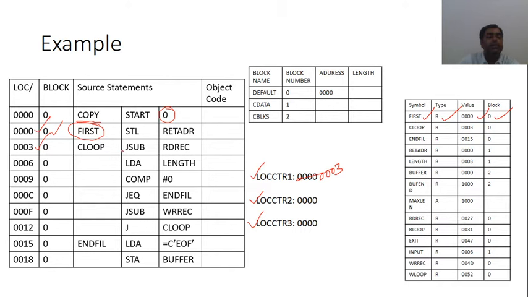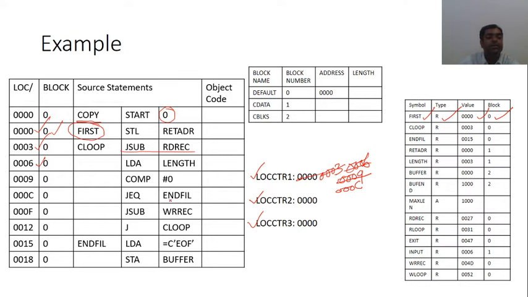This instruction also takes 3 bytes of memory because it is also written in format 3. So the next location counter value becomes 0006, and this is for location counter 1 because I am considering the default block here. This is also format 3, so the next value is 0009. This is also format 3, so the next location counter value will be 000C.